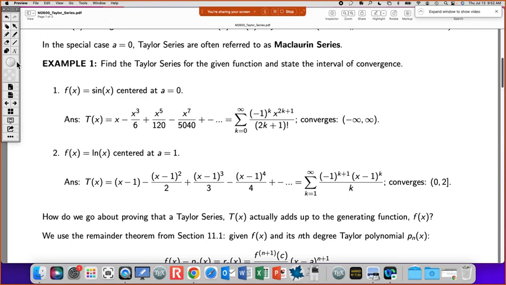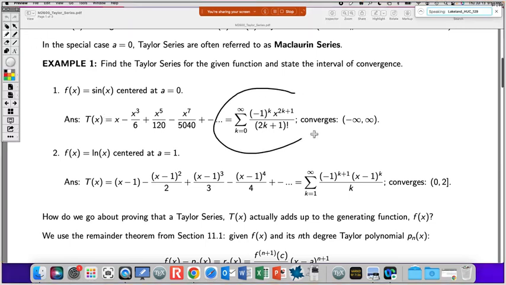This is something you should remember. Now, here's what's going to help you. All you have to remember is this. It's an alternating series. Sine itself is an odd function, right? And it's all the odd powers over the odd factorials. So that's something. I put that on a note card just to know.